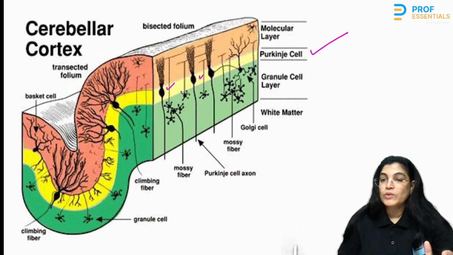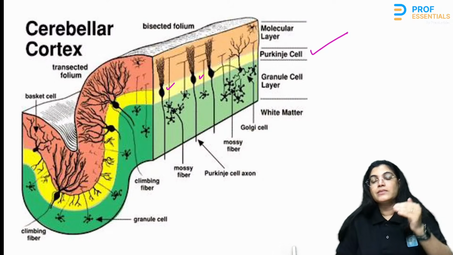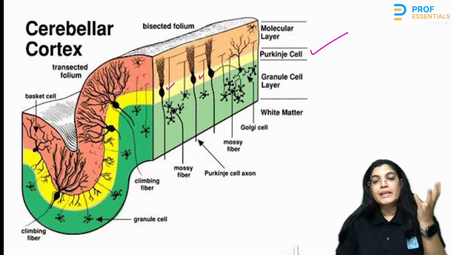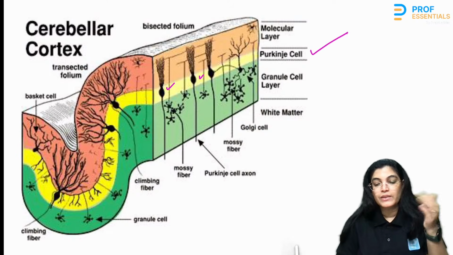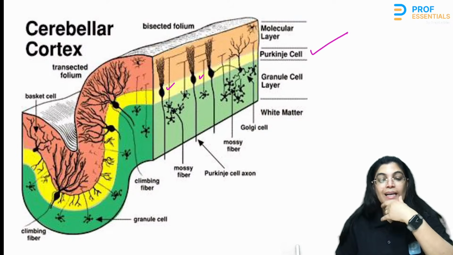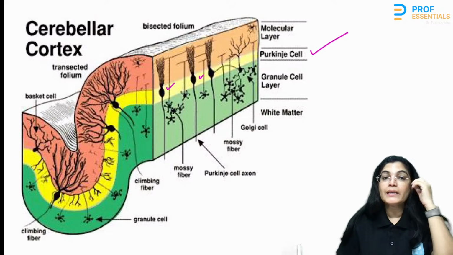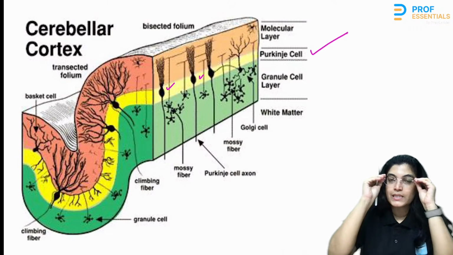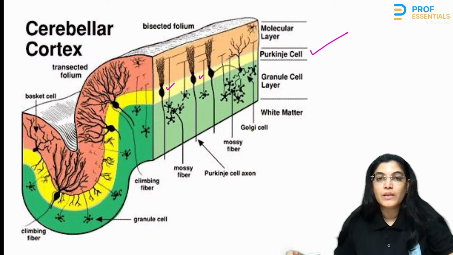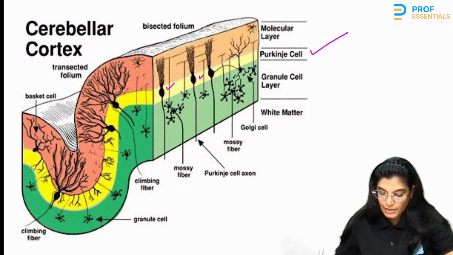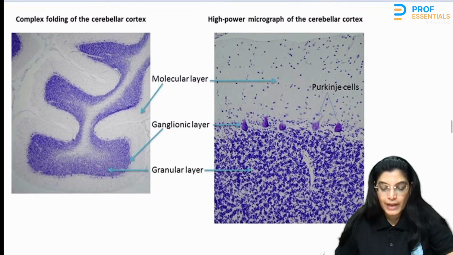From outside to inside, the cerebellar cortex has 3 layers. The cerebral cortex has 6 layers, which we saw before, containing pyramidal cells. But in the cerebellum we have the outer molecular layer, the intermediate Purkinje cell layer, and the inner granule cell layer. Okay, one more histological image I would like to show.